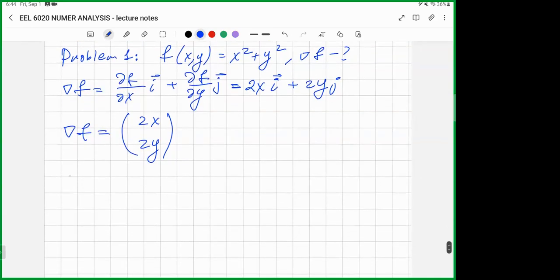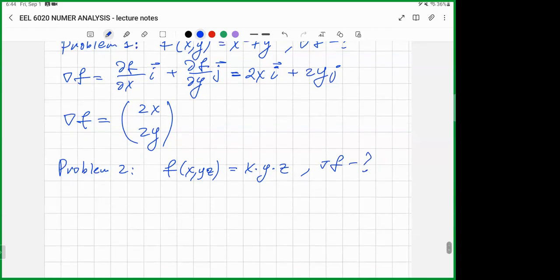All right, let's consider problem number 2. Let's take the function of x, y, and z. Let's take x times y times z. So what is the gradient of this field?